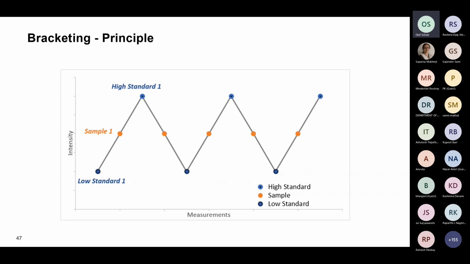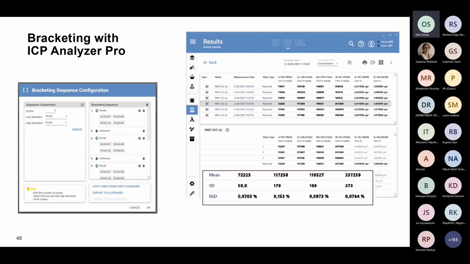The principle of a bracketing method is the alternating measurement of one sample and 2 standards. First, the low standard is measured, then the sample, and then the high standard. These 3 measurements can be counted as one bracketing cycle. After this, the sample is measured again, followed by the second measurement of the low standard, which finishes the second bracketing cycle. The sequence is typically continued until 5 bracketing cycles are completed.